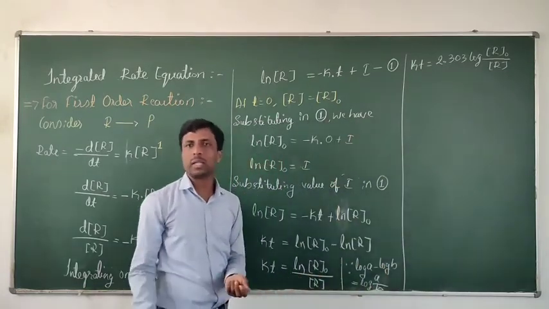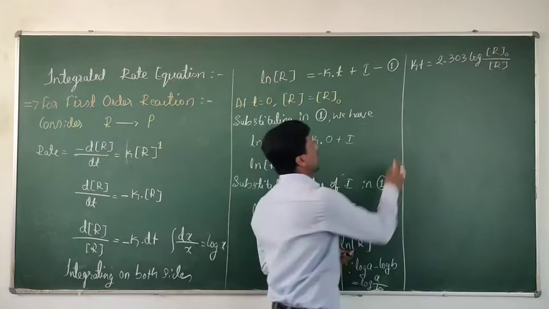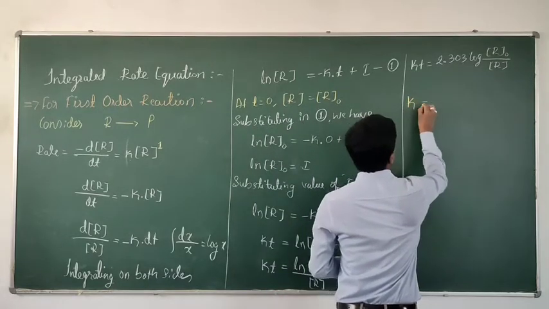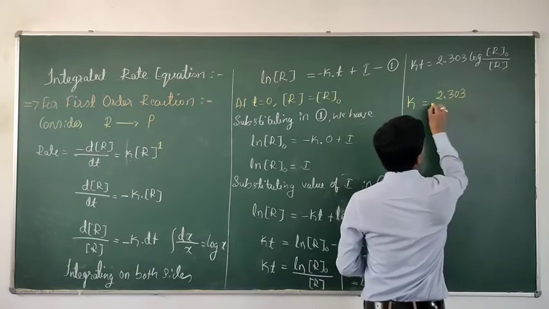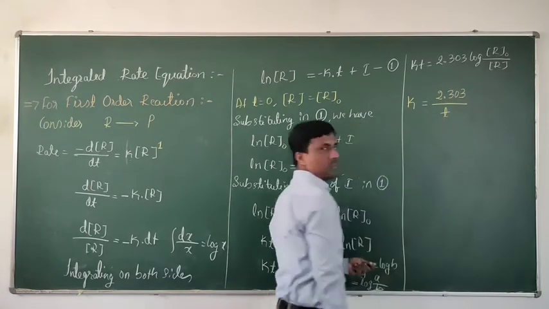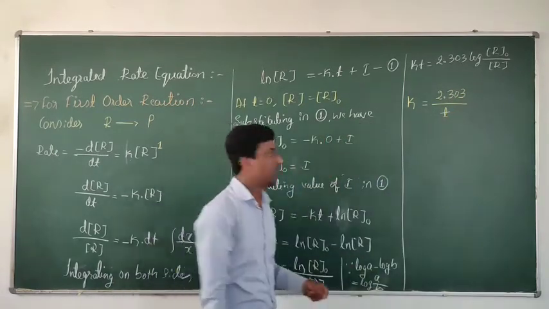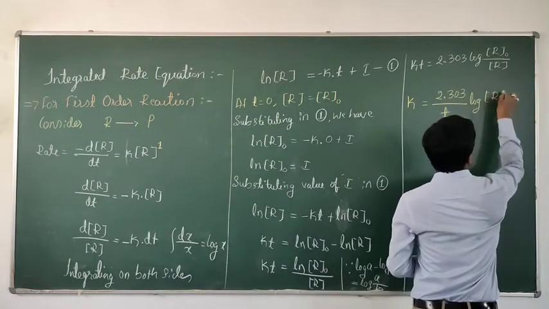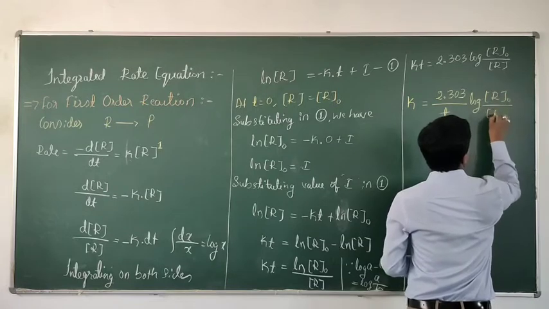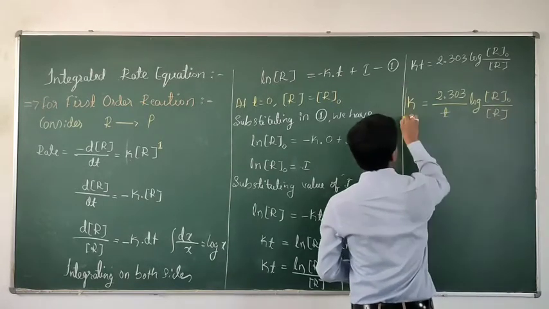I am going to determine, to derive it. What is k now? k is equal to 2.303 divided by t into log of r naught divided by r. What is it?